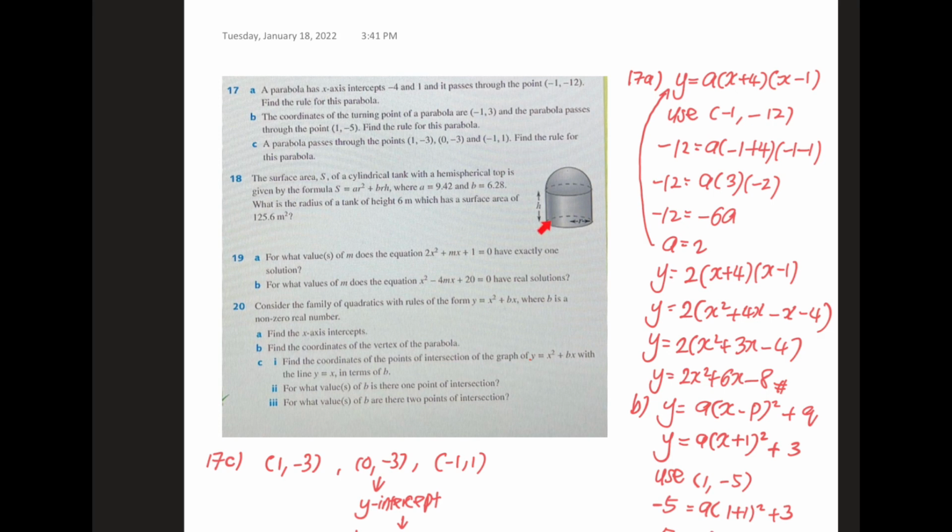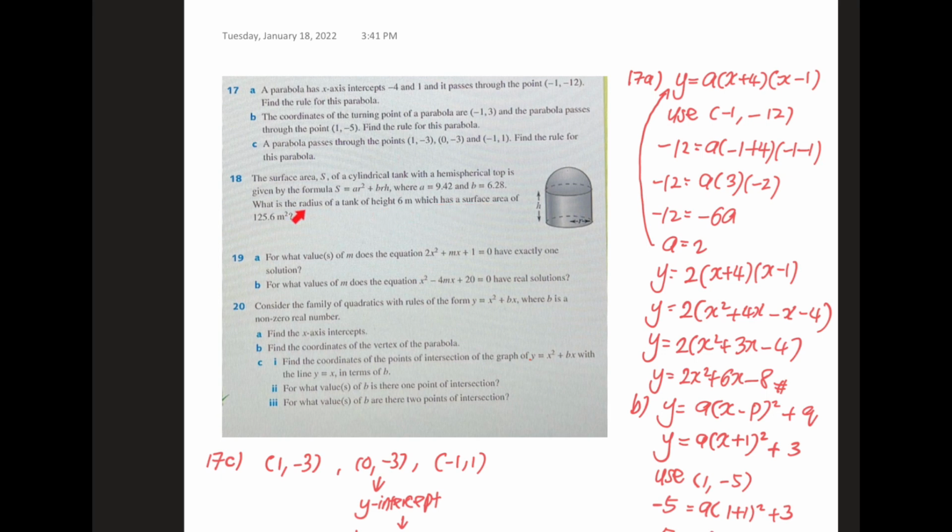Okay, now let's look at question 18 then. Question 18. So this question, again, this is a problem solving, obviously. So the surface area of a cylindrical tank with a hemispherical top is given by this formula S equal to this, where A equal to this, B equal to this.